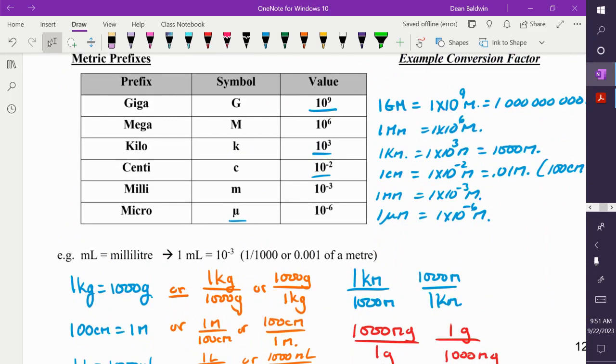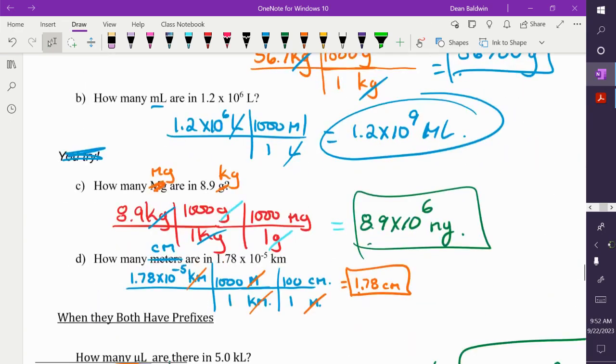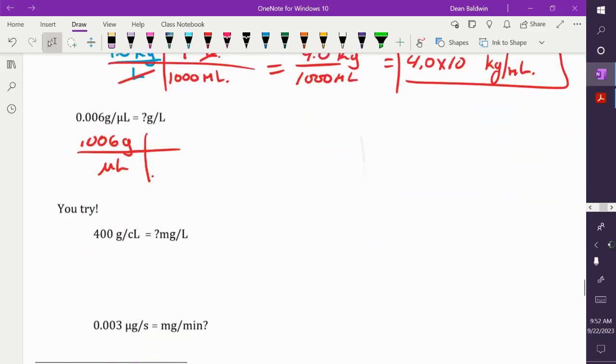What does micro mean? It means 10 to the minus 6, right? So 1 microliter is how many liters? 10 to the minus 6, or 1 times 10 to the minus 6 liters. So if we go back here, 1 microliter is 1 times 10 to the minus 6 liters.